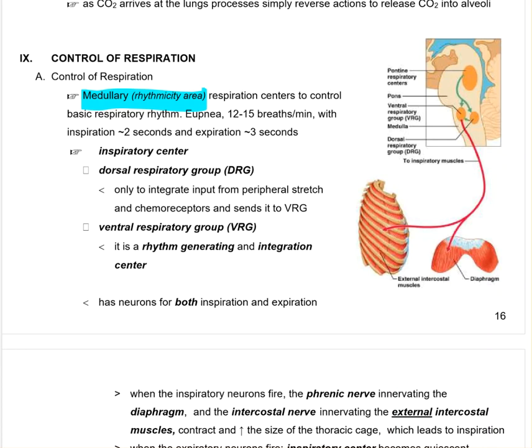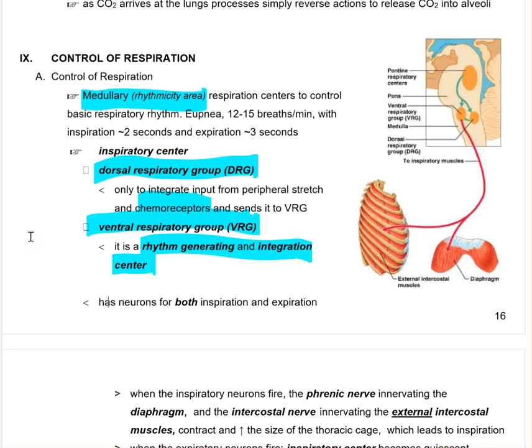All right? And there's two different groups. There's the dorsal respiratory group, and there's the ventral respiratory group. The dorsal one is going to integrate input from peripheral stretch receptors and chemoreceptors especially. Uh-oh, what's going on? And we'll send information to the VRG. And then this is what generates the rhythm and integrates all the info.